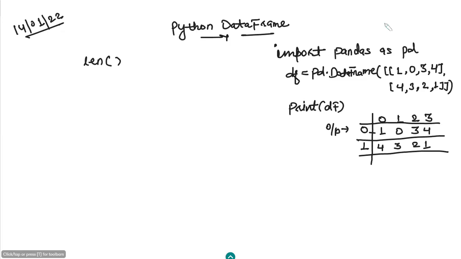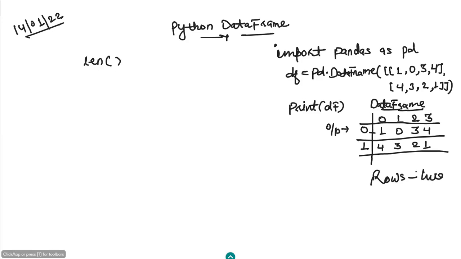We have created a two-dimension array here, which is a data frame, right? And data frame is what? Data frame represents the two-dimension array in which we are having some rows and columns, right? So how many rows are there in the data frame? Two rows, right?